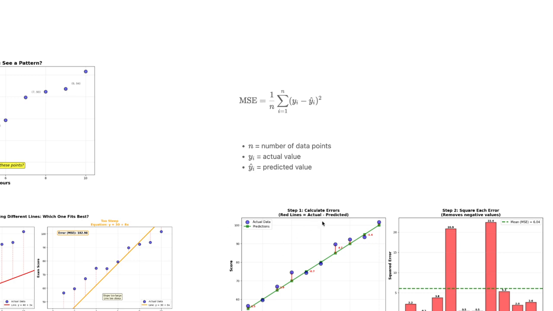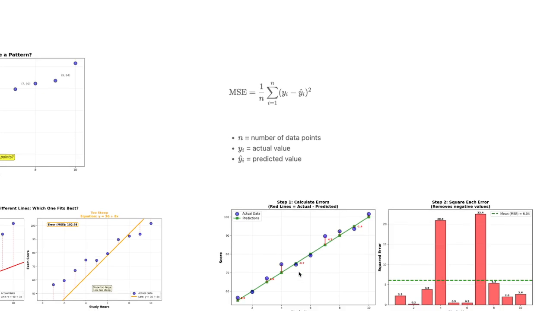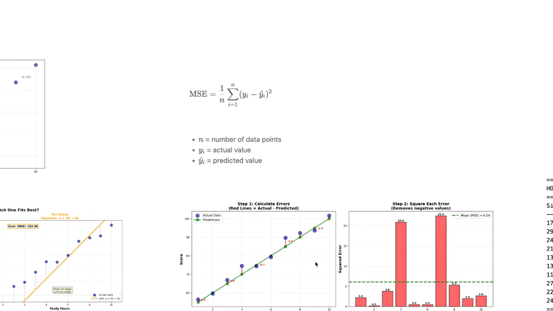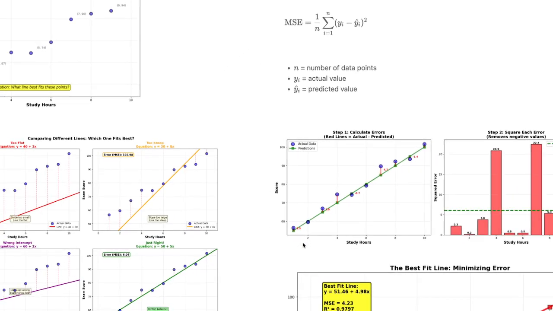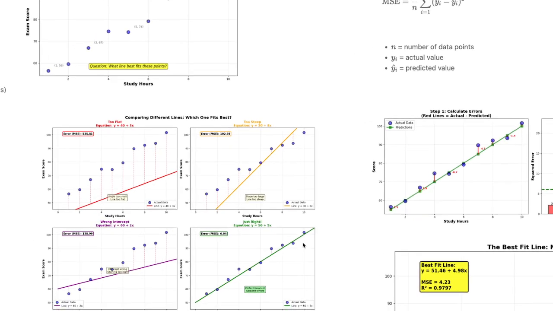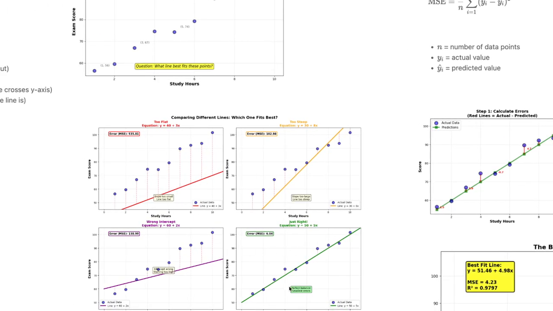Here you can see our training data. We capture the difference between the predicted and the actual, you can see small red lines here, and then we square it. In linear regression, we are trying to reduce that error and accomplish the best fitted line.